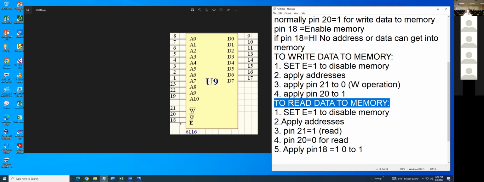Then you apply address and data, then apply pin 18 at logic 1, go to 0, go back to 1. That means when it goes to 0, they allow data to go to that address, and then they block it.